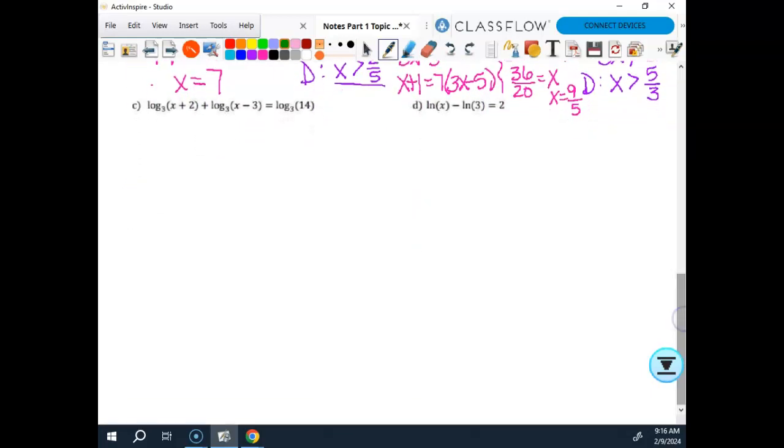All right. Let's look at the next one. Okay, so I have on the left being added, so I'm going to change it to multiplication. Log base 3 of x plus 2 times x minus 3 equals log base 3 of 14.